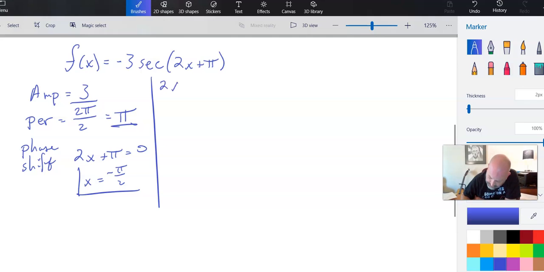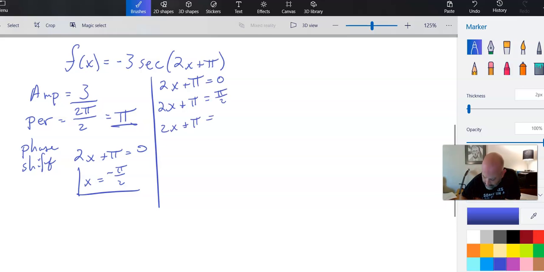So we're going to take this 2x plus pi, set it equal to 0, set it equal to pi over 2, set it equal to pi, set it equal to 3 pi over 2, and set it equal to 2 pi.